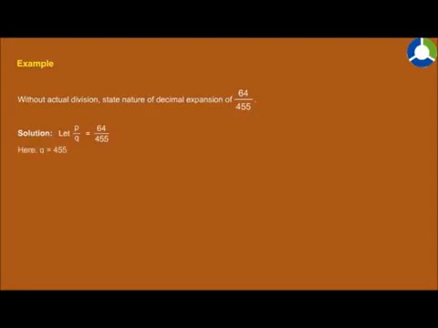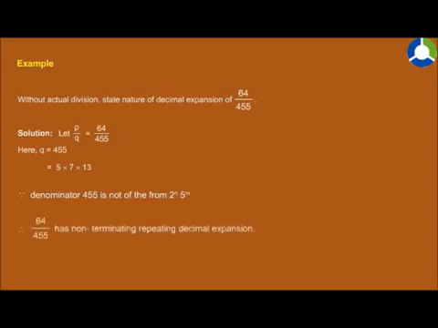Here q = 455 = 5×7×13. Since the denominator 455 is not of the form 2^n 5^m, therefore 64/455 has a non-terminating repeating decimal expansion.